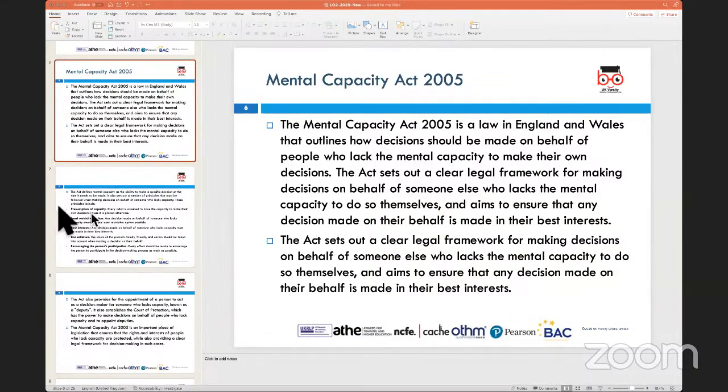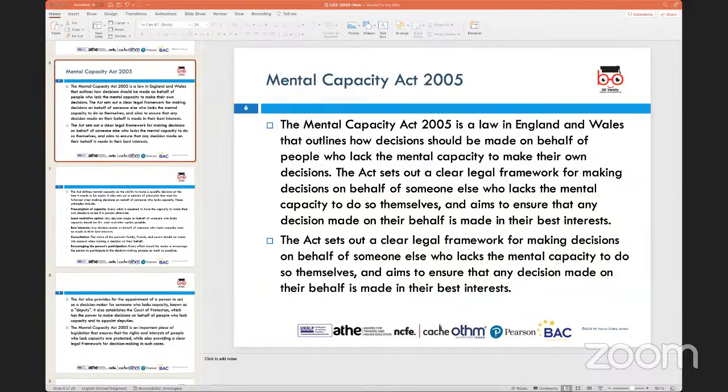Now, it's an important piece of legislation, obviously, because lots of people have accidents, or degenerative conditions like dementia or Alzheimer's disease, and in those cases what you would generally see is that people with these conditions would not have the capacity to make decisions.